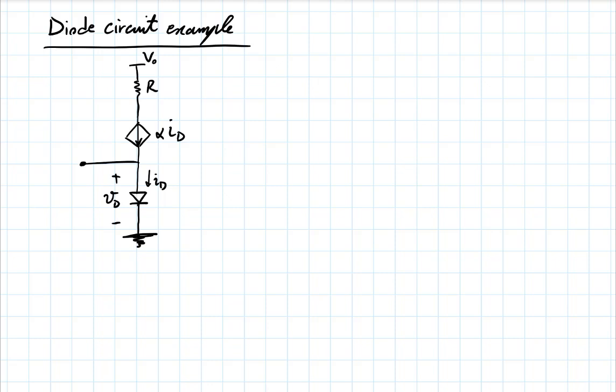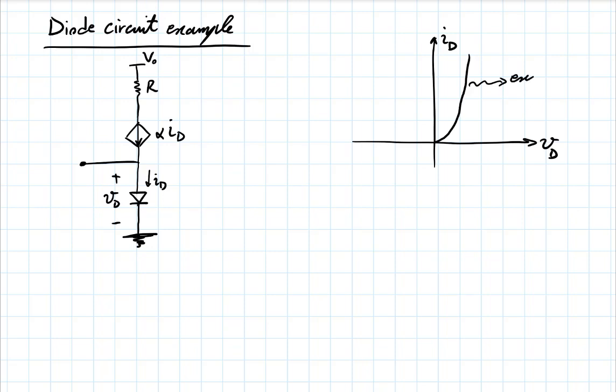This diode is not an ideal diode, but a more or less real diode. So it has an IV characteristic curve like this. Remember that there was this forward region where you had this exponential dependence, where the current ID was approximately proportional to the exponential of VD over VT, VT being the thermal voltage, at room temperature about 26 millivolts.